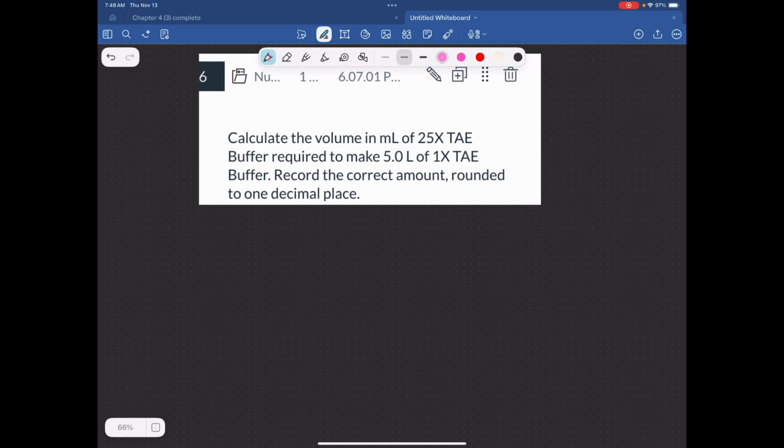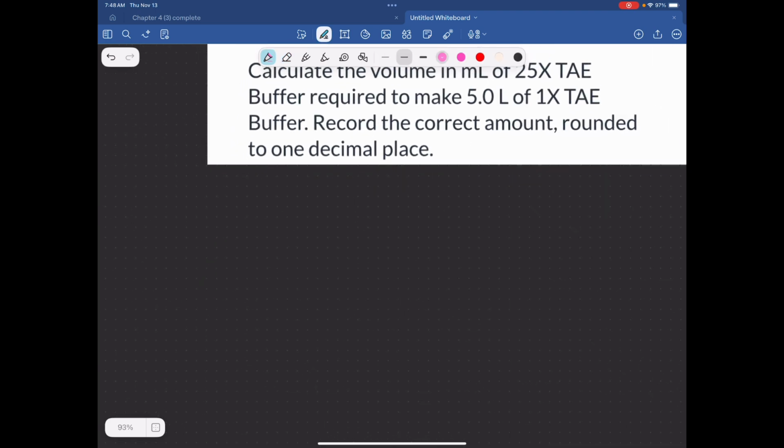So this question is asking us to do 3 things. The first thing it's asking us to do is to make 5 liters of 1x TAE buffer from a 25x stock.